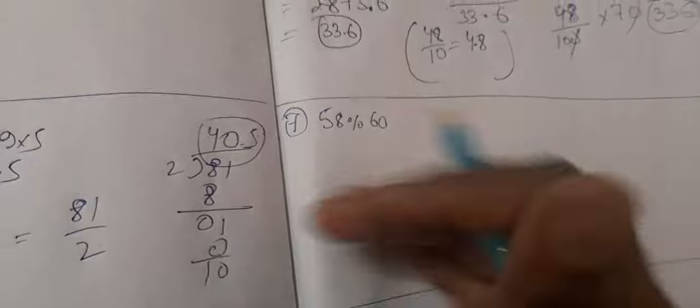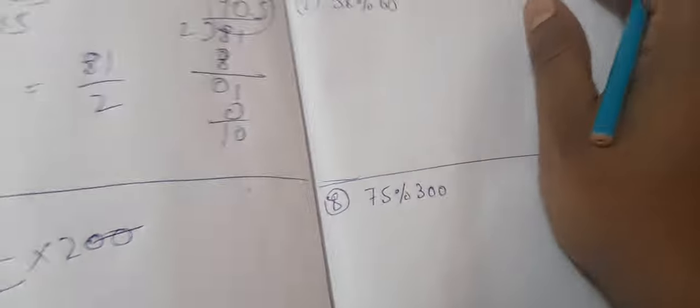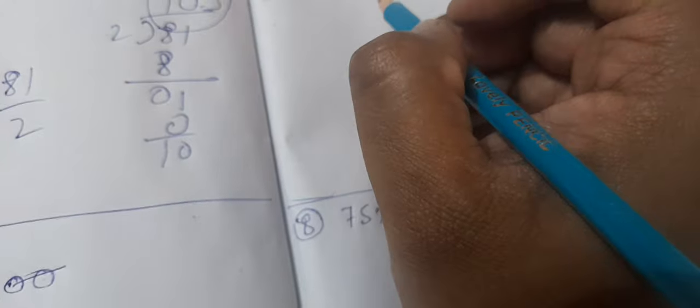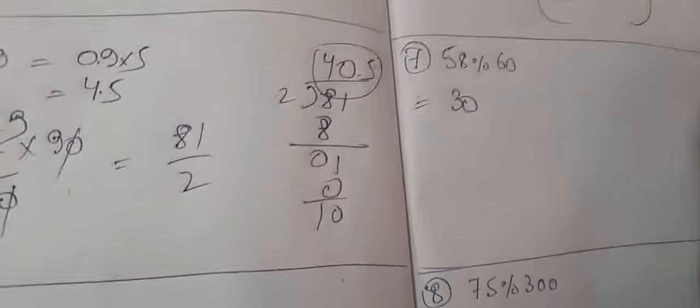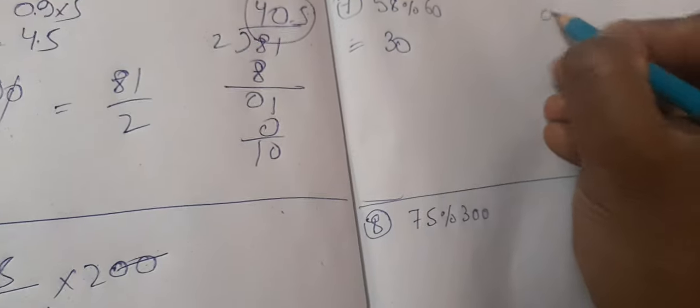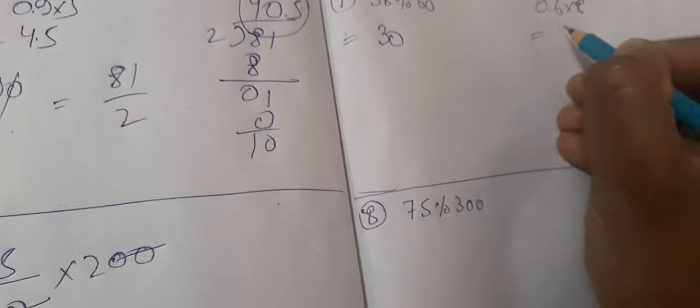Now another example, that is 58% of 60. So what happened here? 10% of 60 is 6. 50% of 60 means 30, and 1% of 60 means 0.6 into 8, that is 4.8.